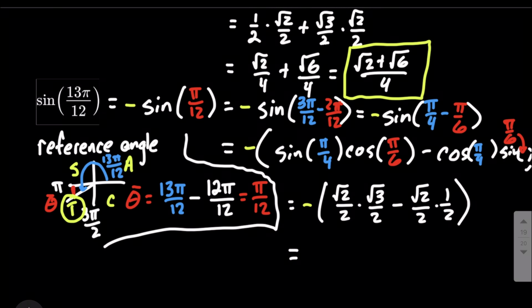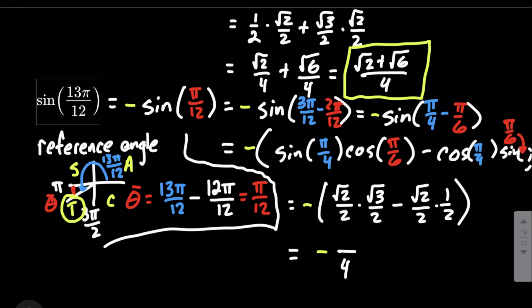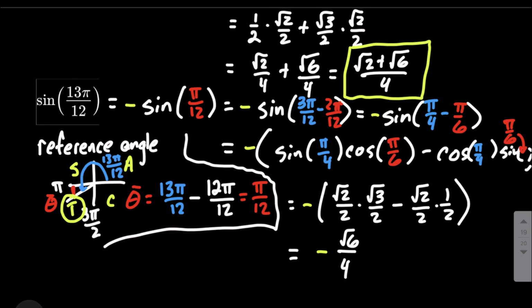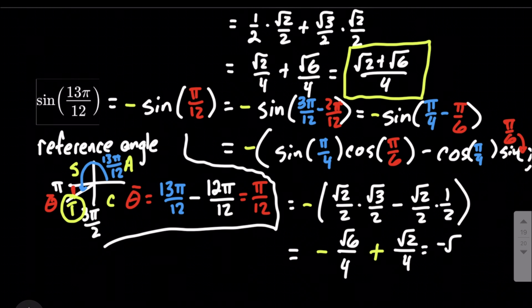All right, let's distribute that negative, bring it to the inside. So it's going to be negative of, combining this fraction together, square root of 6 over 4. Remember that negative gets distributed to both these terms, so that's going to make that second fraction positive as we rewrite it here, square root of 2 over 4. And maybe we'll combine our numerators together: negative square root of 6 plus square root of 2, all over 4.